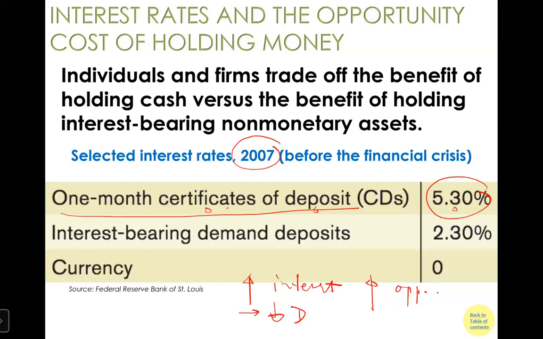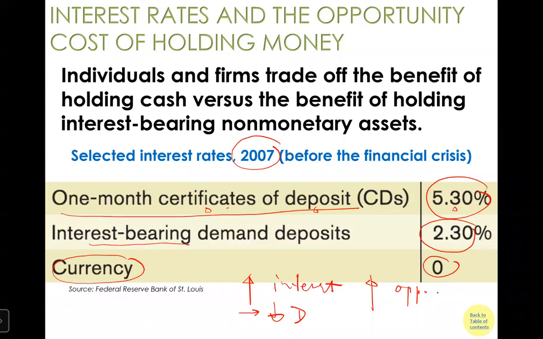Now, if you put your money into an interest-bearing demand deposit, which we talked about earlier, this is more liquid because you can just go to the bank and withdraw your cash. It is more liquid and more convenient, and certainly yields lower interest, at 2.3%. This is compared with currency. The currency will give you zero interest.